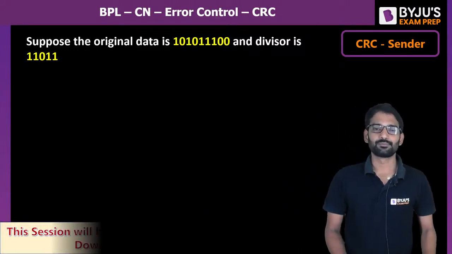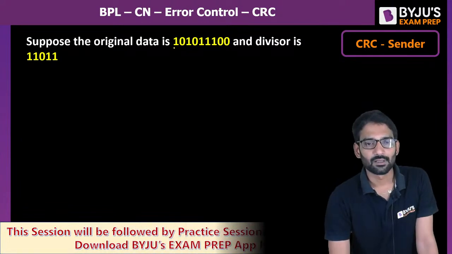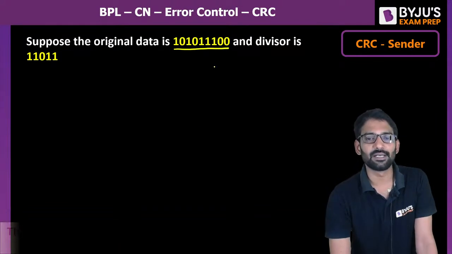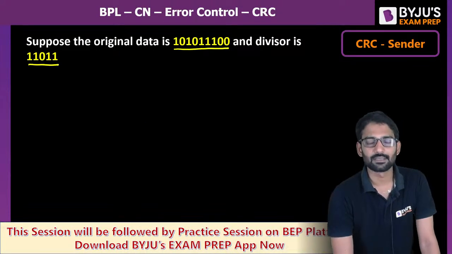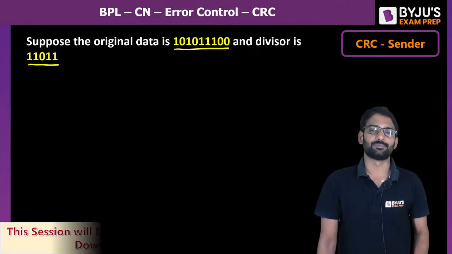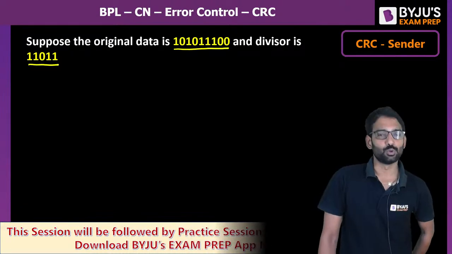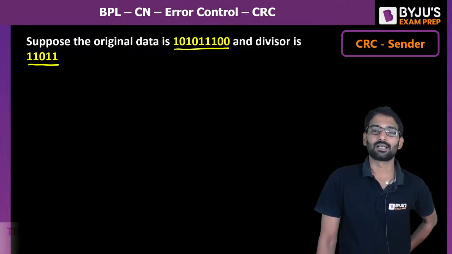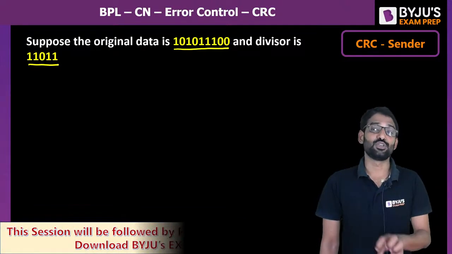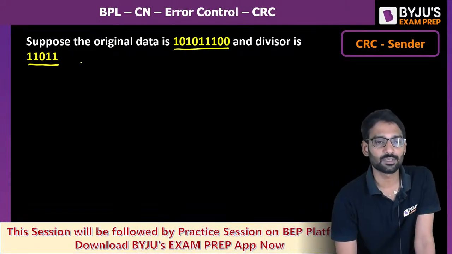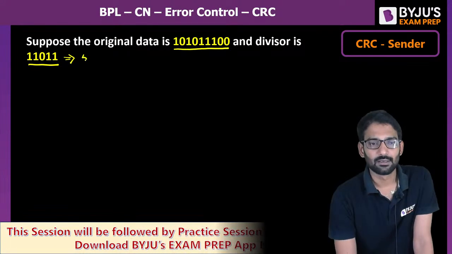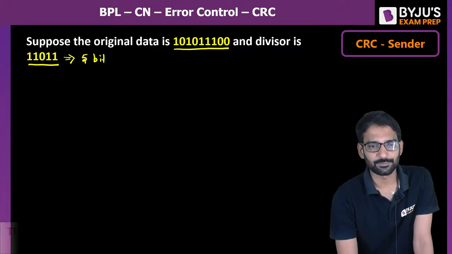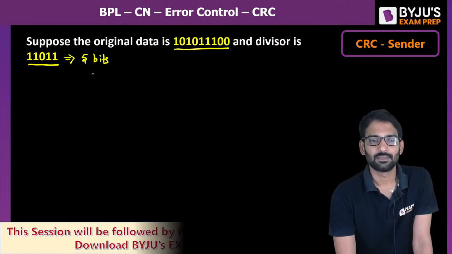Okay. Now let us solve one example of how this CRC works. Let's say this is the original data the sender wants to send and the divisor is 11011. So what does the sender do? Firstly, the sender appends zeros. How many zeros? This divisor has 5 bits, right?